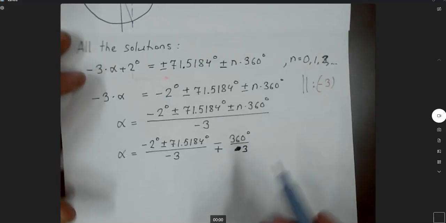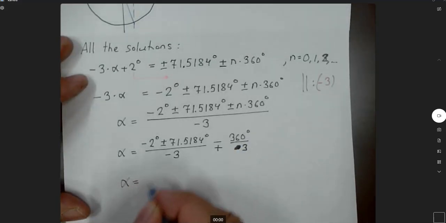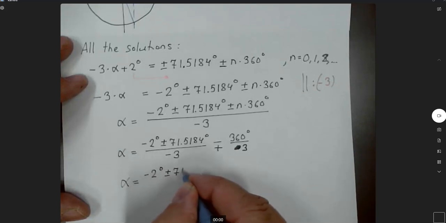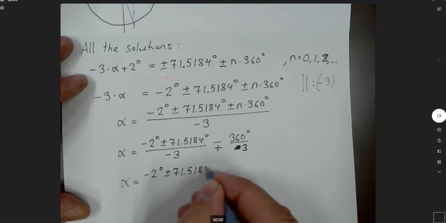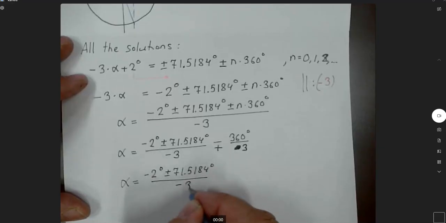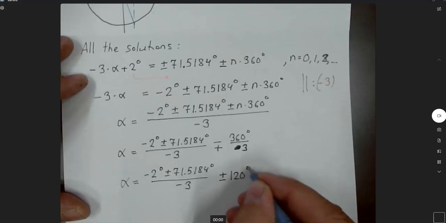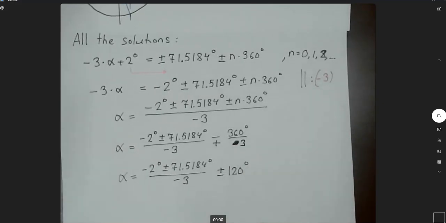So I will get the result minus 2 plus minus 71.5184 divided by minus 3, and I will put plus minus there and 120 degrees.